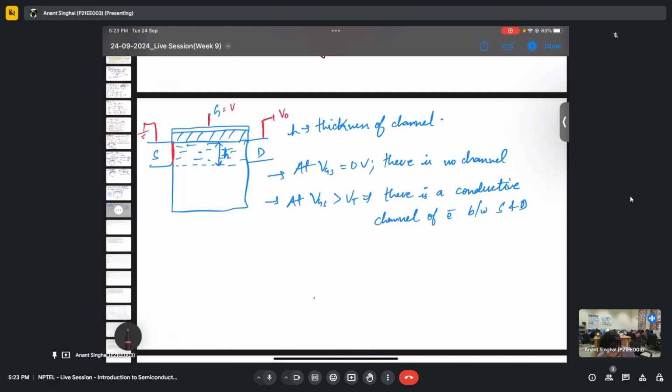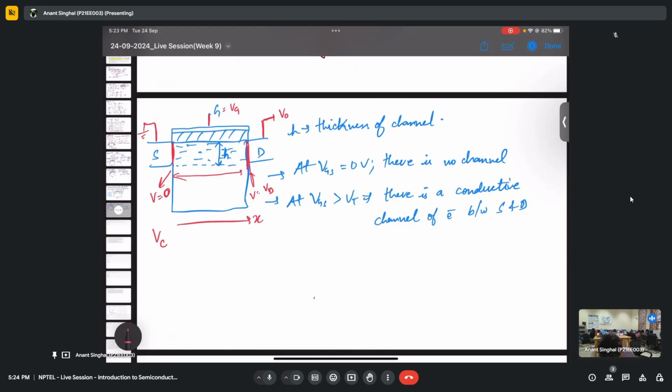So I can say that this channel has a certain potential difference between the source and drain. We know that here the potential is 0, because it is grounded. Here what we have applied is the potential Vd. So there is a potential difference in between the channel. Let's say this is the x-axis.